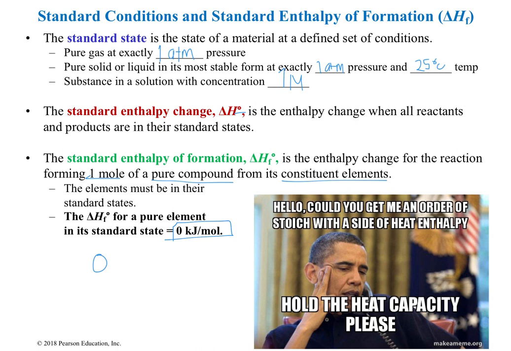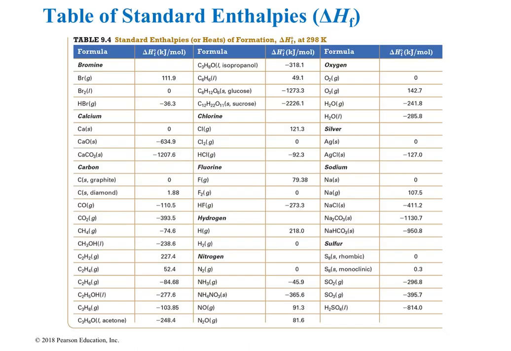It shows up as O2 in the gas phase. So that enthalpy of formation would be 0. Silver shows up as a solid, as a single atom, and so that enthalpy would be 0. So if you just look at something and that's how it shows up in nature in that phase, then its enthalpy of formation is 0.